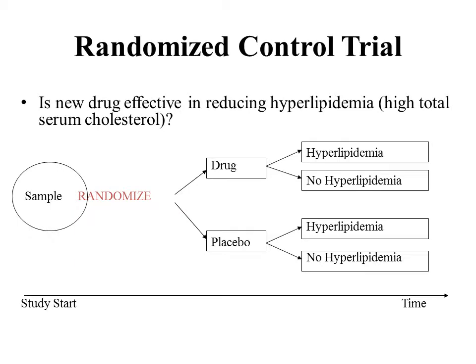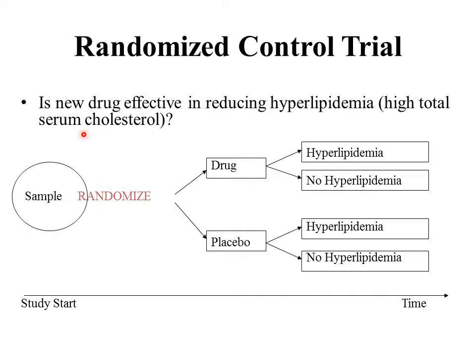And so this illustration here illustrates this idea of a randomized control trial. So we start off with a sample of people, and then we somehow randomly determine whether each one is going to receive the drug that we're testing or a placebo. And then we monitor them in time to determine whether they get the outcome of interest.